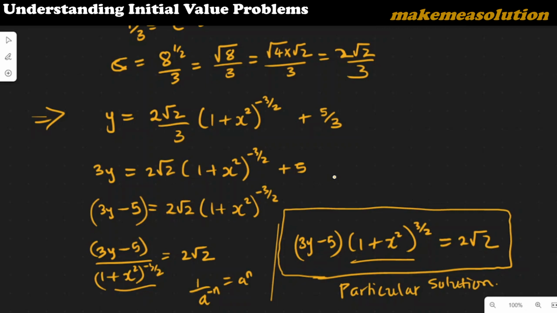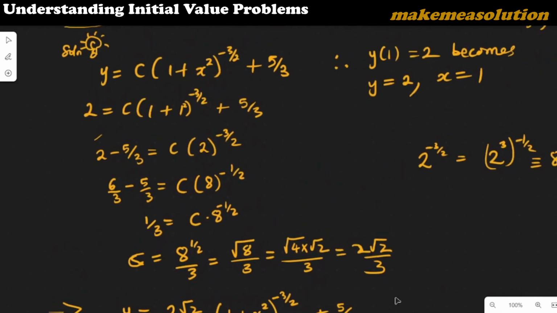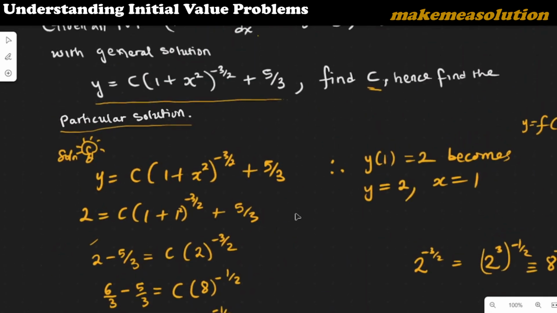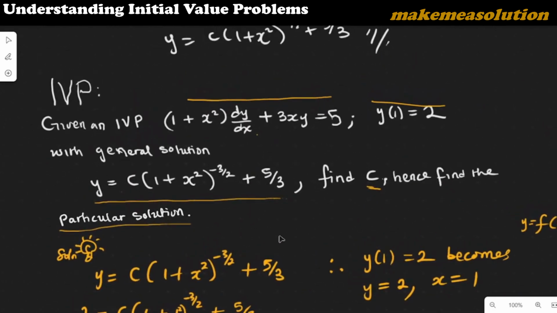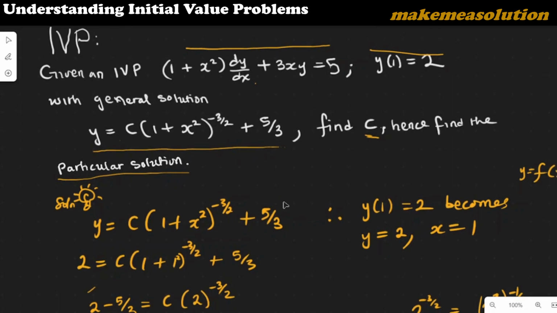So you're going to understand the techniques of differential equations, and understand more problems pertaining to initial value problems, and learn how to go from a given differential equation to the general solution. Then if there is any initial condition, you will also learn how to use that initial condition to find arbitrary constants that will enable us to find our particular solution.